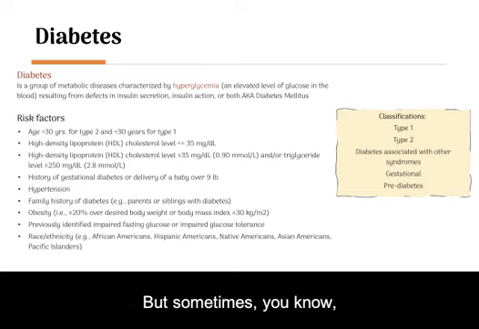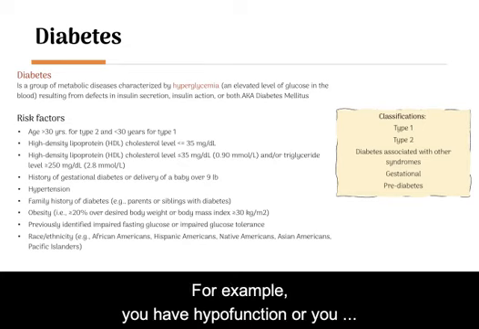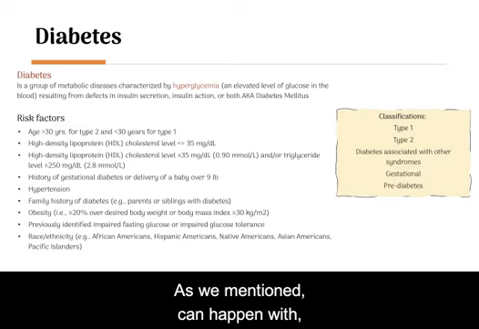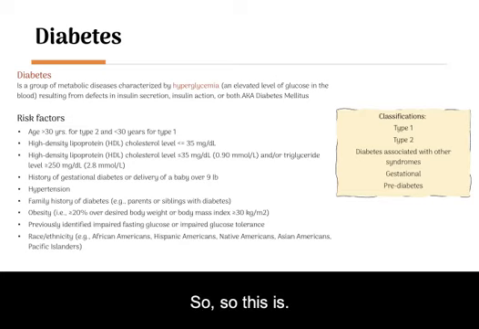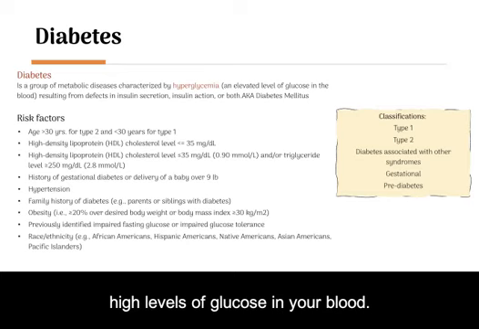But sometimes your glands don't work as they're supposed to. For example, you have hypofunction or you have resistance, right? As we mentioned, can happen with endocrine function.